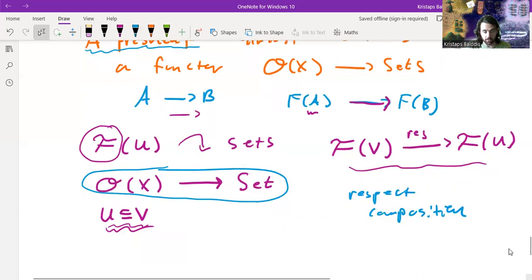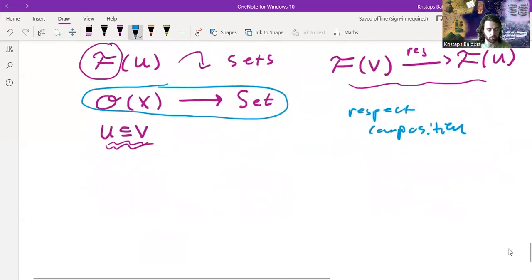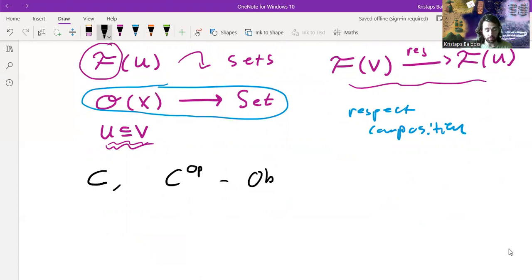So here is one motivation for introducing the opposite category. If you have a category C, then C op is simply going to be the category that has the same objects as C, but now the morphisms are flipped.